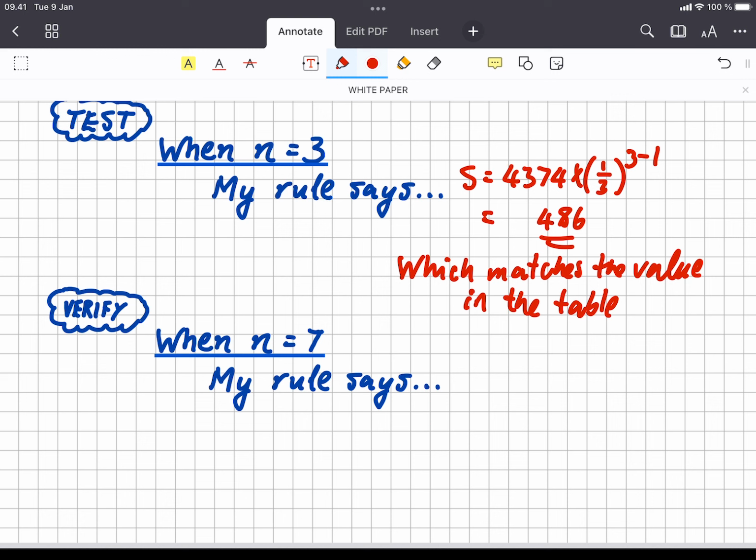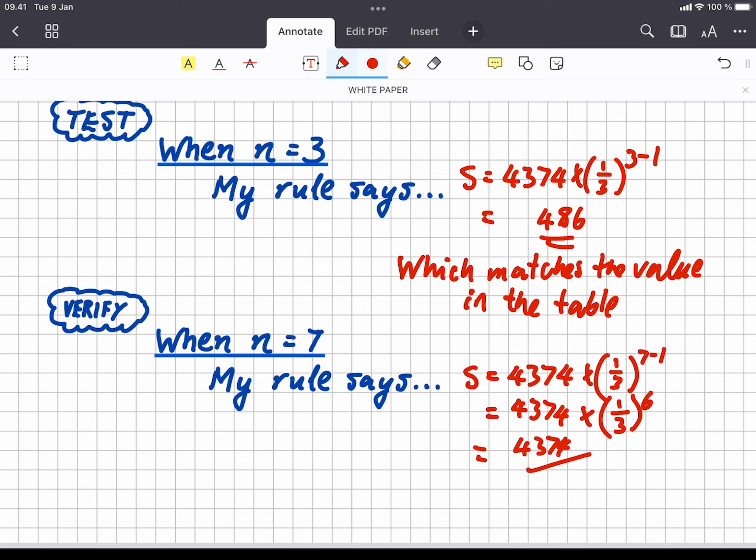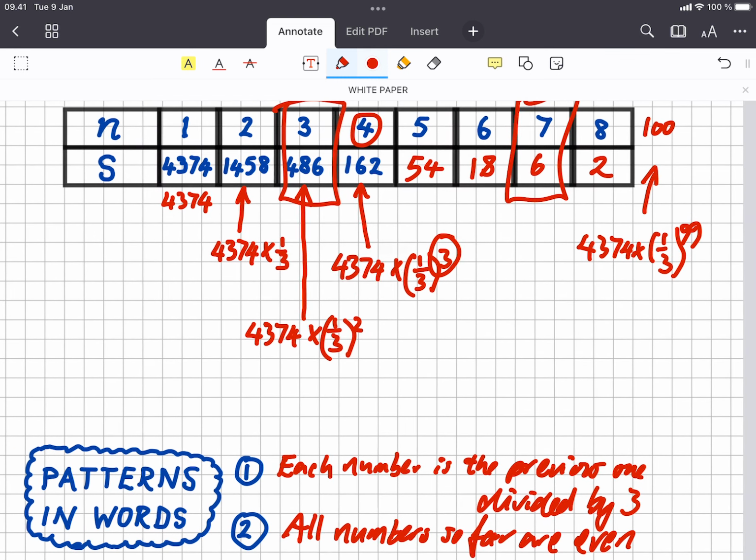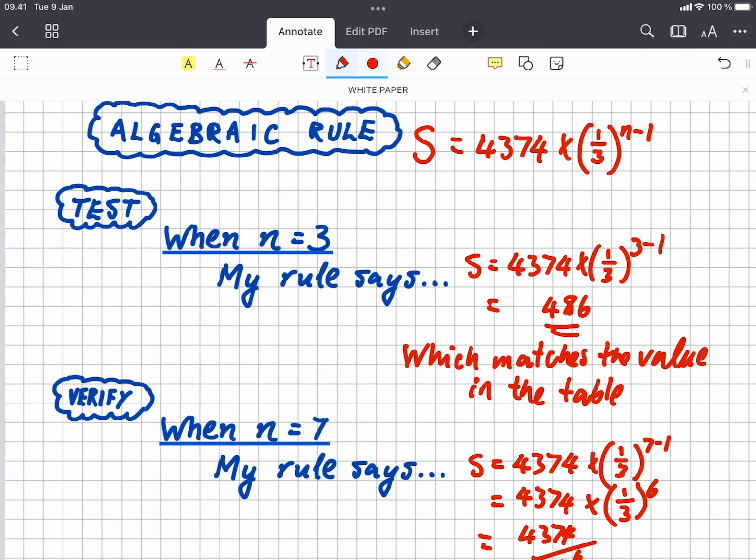So when n equals 7, my rule says that S equals 4,374 times a third to the power of 7 minus 1, which is 4,374 times a third to the power of 6, which is 4,374 divided by 3 to the power of 6, which, stick it into Desmos if you like, comes out to be the value we predicted, 6.